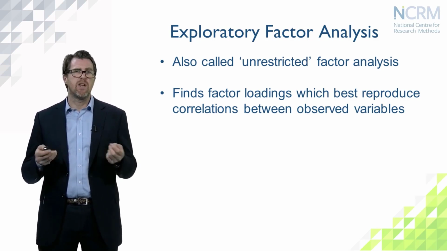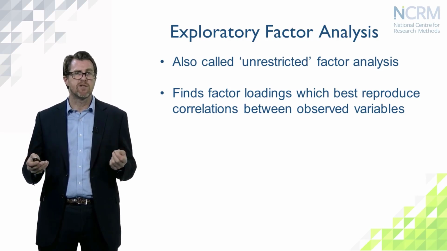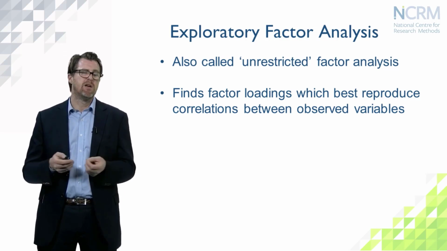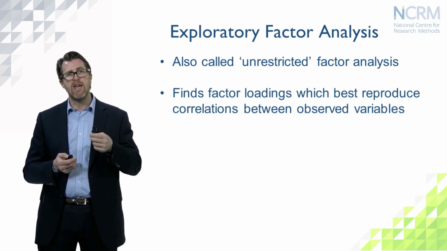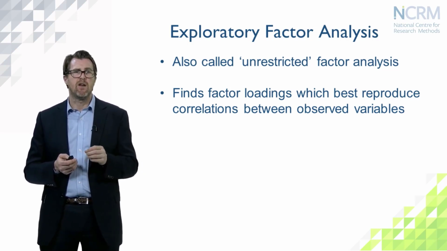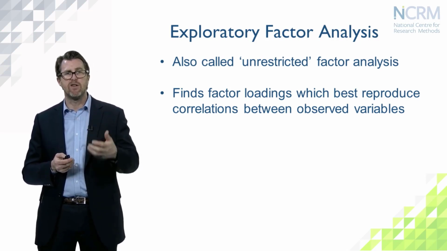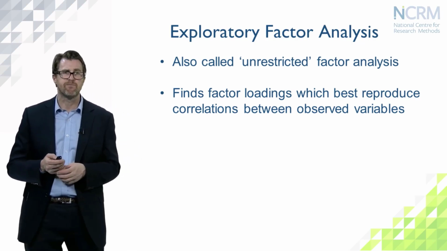So let's say that we have 6 questionnaire items that all measure more or less the same thing. They're intended to measure some concept that we're interested in. An EFA will simply reorder the data in a way which best accounts for the observed correlations between those variables.